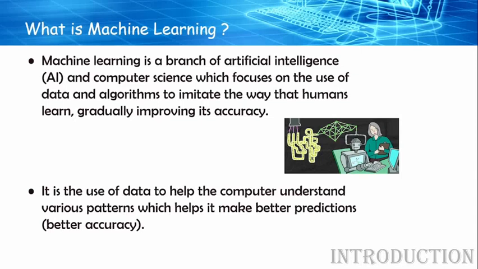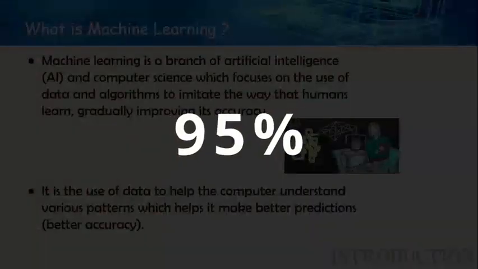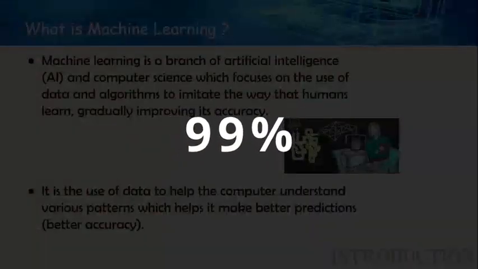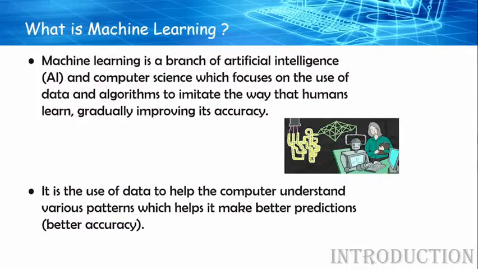If you are getting 90%, 95%, 99% on a machine learning algorithm, in that situation you don't need human intelligence to sit there and do the prediction. Rather, you can just cross-verify once with the machine's prediction. It will be approximately knowing what is going to happen in the future.